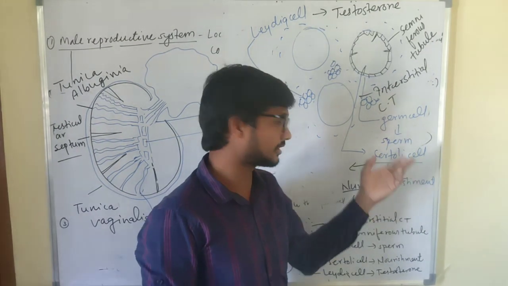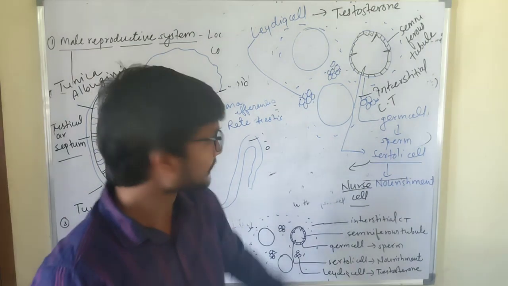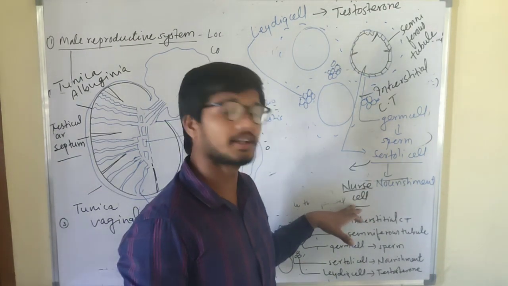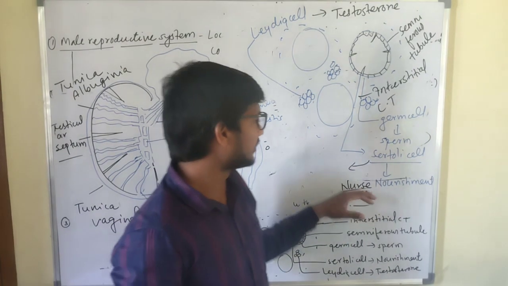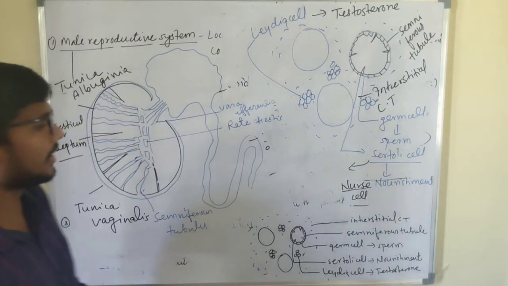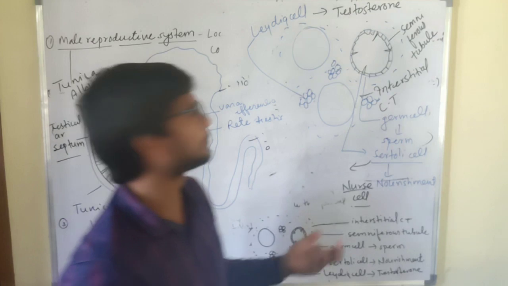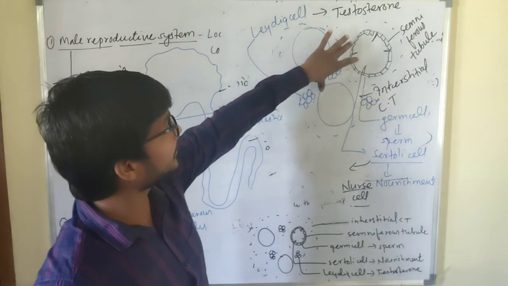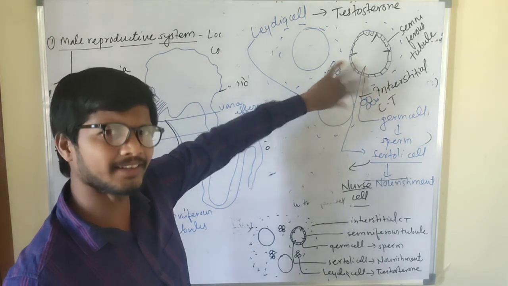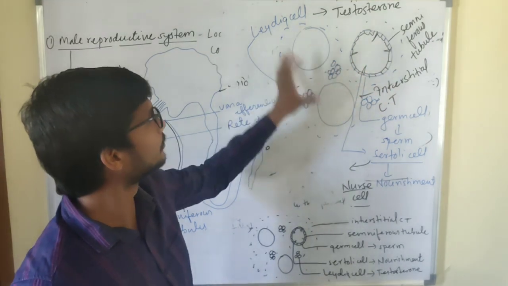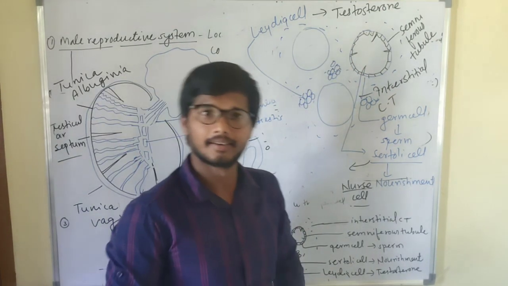Sertoli cells provide the nourishment and are also known as nurse cells, because they provide nourishment to the developing sperm. And in between the interstitial connective tissue, there is a scattering of certain cells. Those cells are known as Leydig cells.